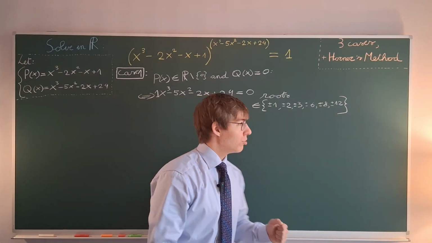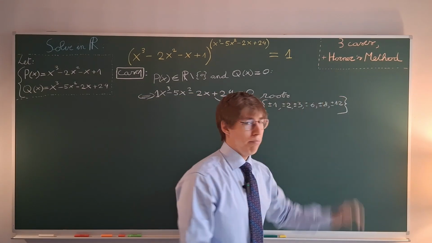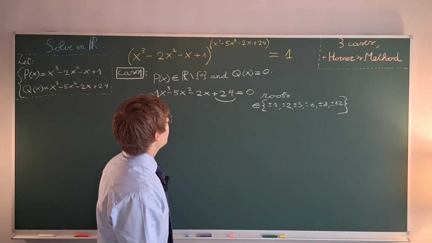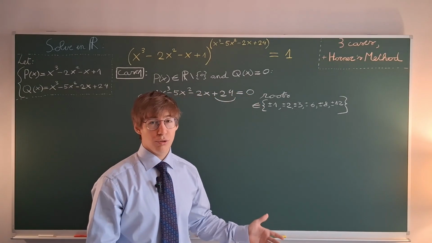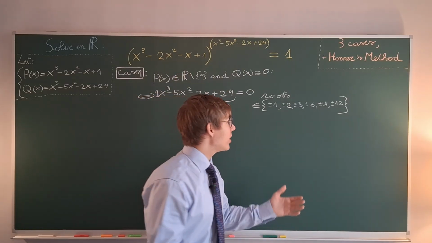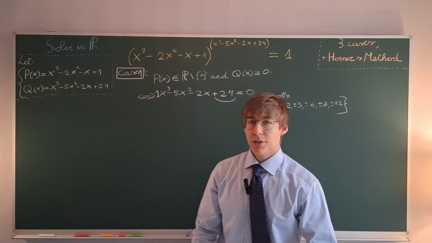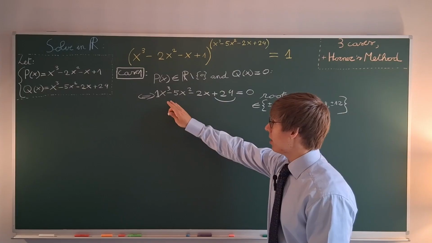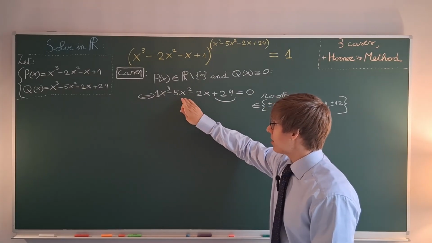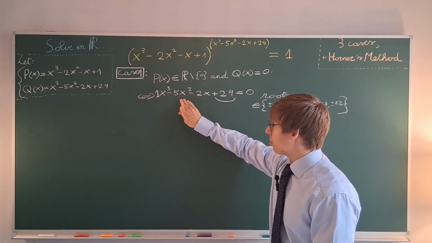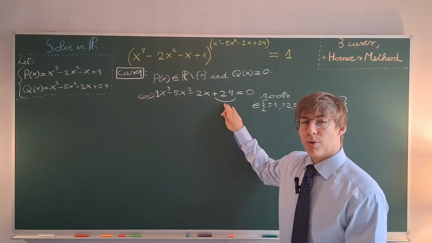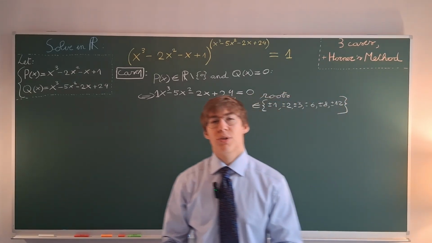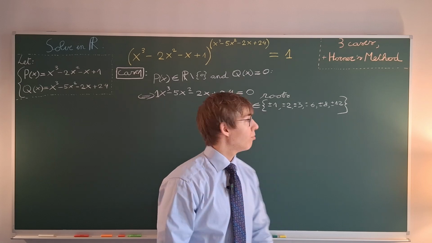Now, to test some of these roots, we will use Horner's method. So I can quickly see that 1 and minus 1 are not roots of this polynomial, but we can see that minus 2 is a root if we fill it in, since this gives minus 8, minus 20, which is minus 28, plus 4, plus 24, which gives minus 28 plus 28, which is 0.